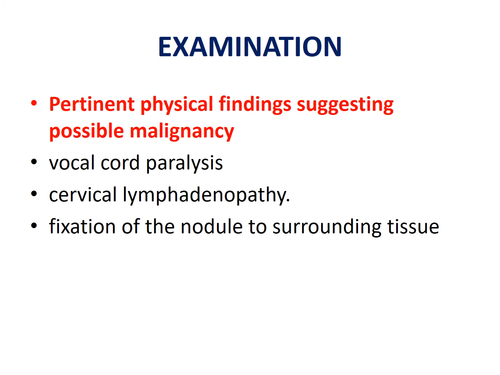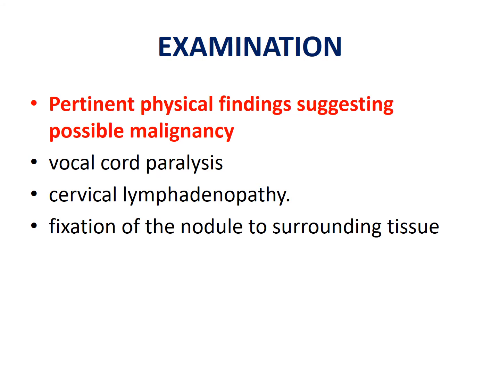While it is moving with deglutition, we need to see if we can appreciate the lower limit of the thyroid gland, and if so, it would be clear whether or not there is any retrosternal extension. We need to look for whether the thyroid gland has deviated or pushed the trachea to either side, so whether the trachea is in a central position or not.